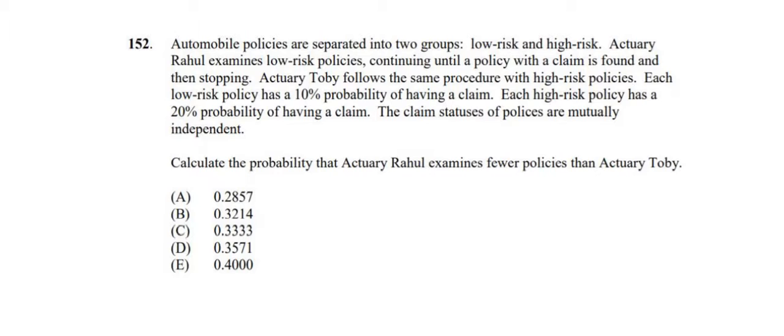We want to find the probability that this guy examines fewer policies than the other guy. Let's say R means the number of policies this guy examined, and T means the number of policies the other guy examined.